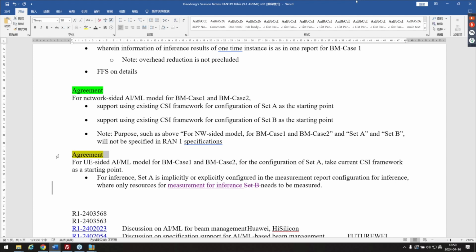Sorry, only for inference it is needed. Yes, that B. But for training, it is not needed. That is why the moderators added such a restriction here: if it is configured, under what condition can it be configured. Okay, thank you.